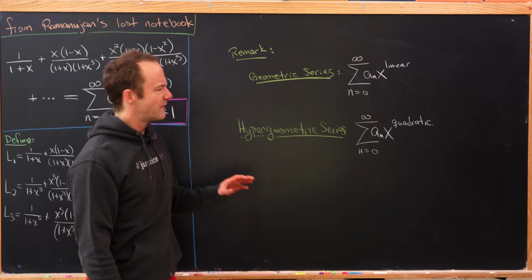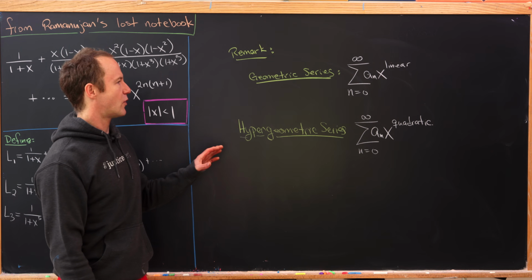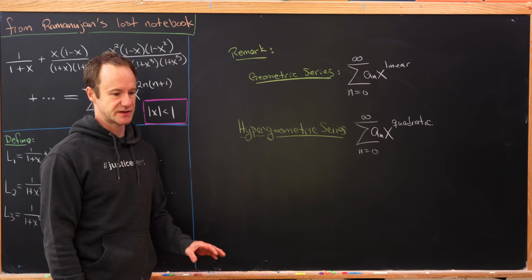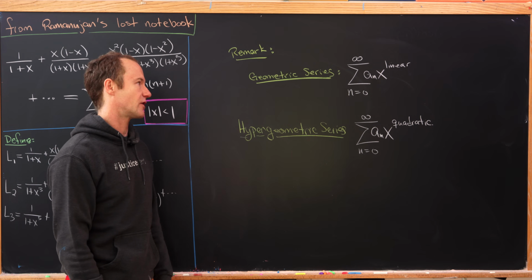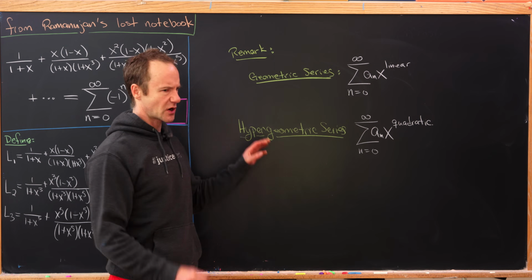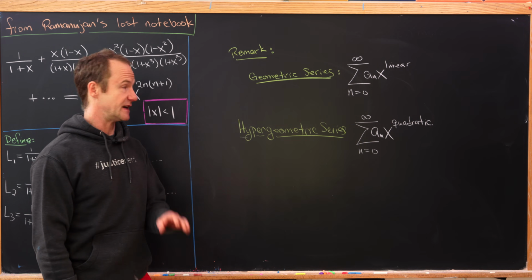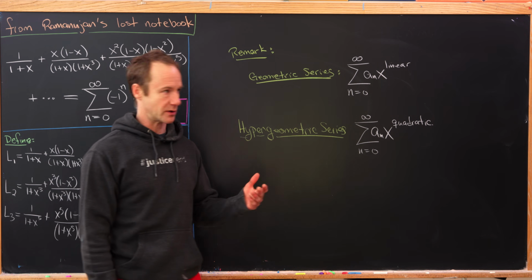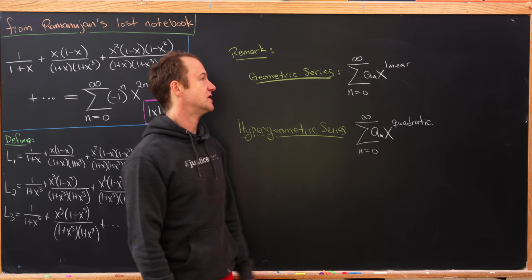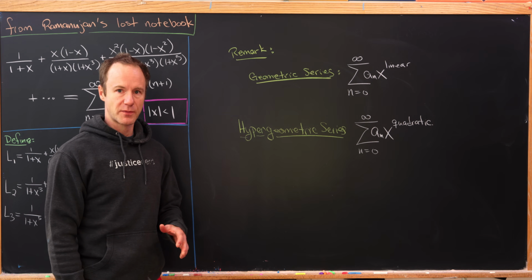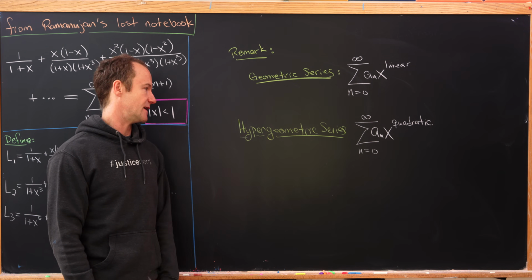Okay, so before we get started, I'd like to point out that you probably know something about geometric series from a first or second semester calculus class. Those are generally of the form the sum as n goes from 0 to infinity, a sub n, that's some number, and then x to some linear polynomial in the variable n.